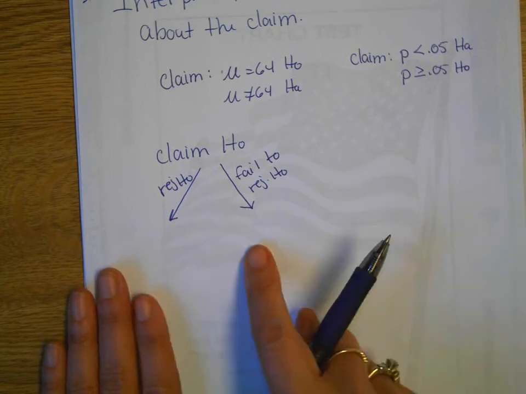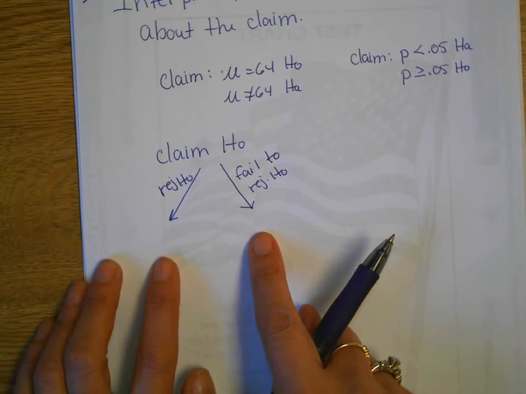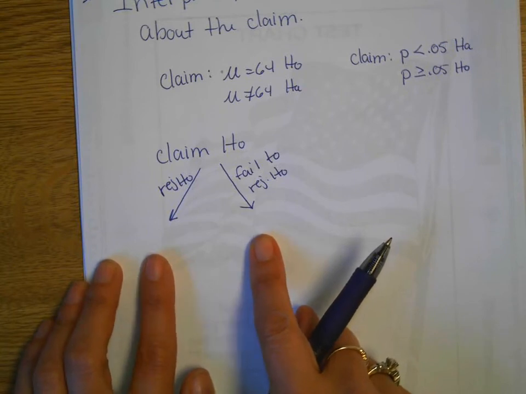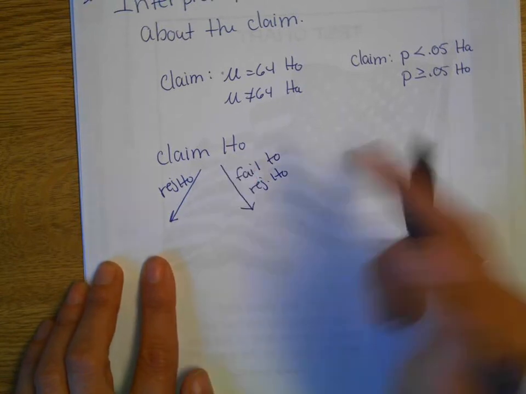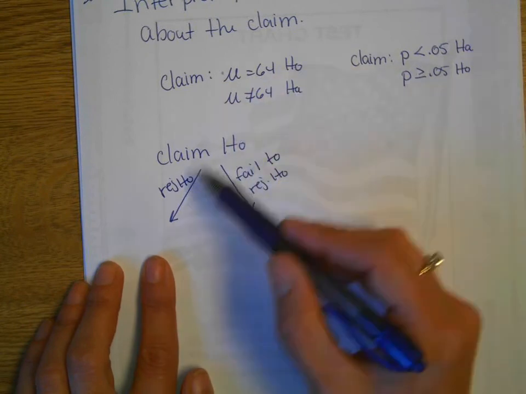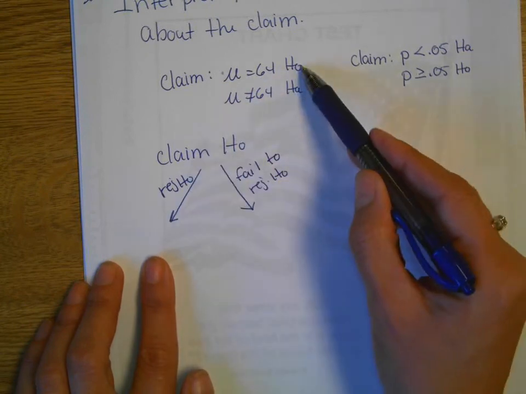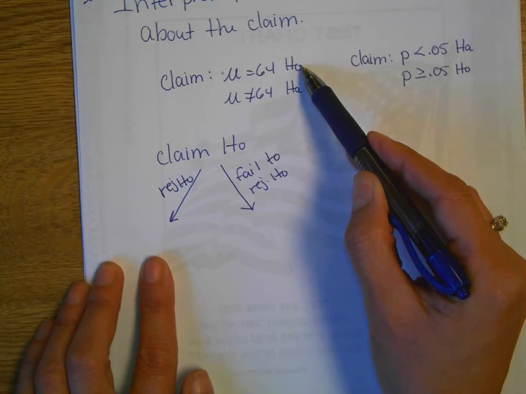Remember, down here I want to say something about the claim. The whole point was, are they telling me the truth or not? What am I going to say about their claim? So, if their claim was the H0, in this case, the claim is the H0, and I reject the H0, what do I say about their claim then? Are they telling me the truth?